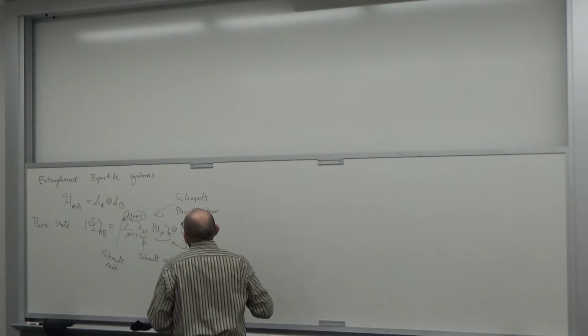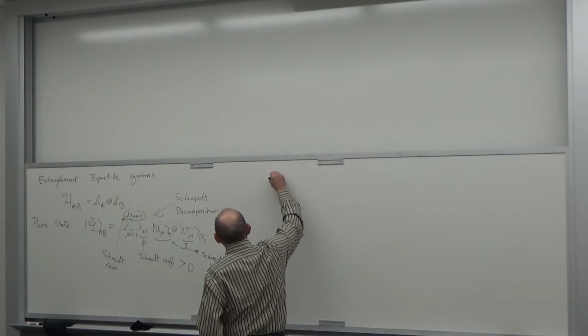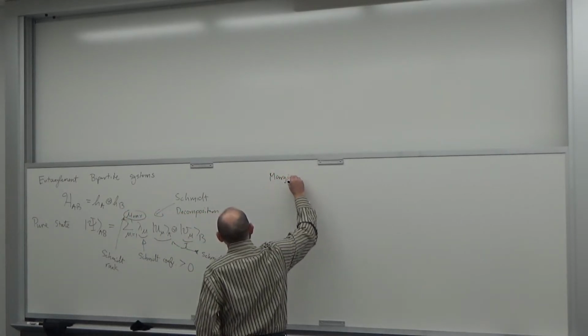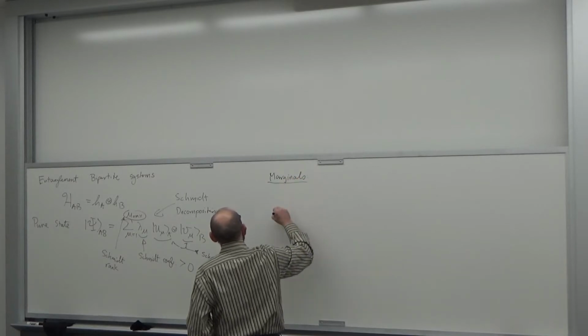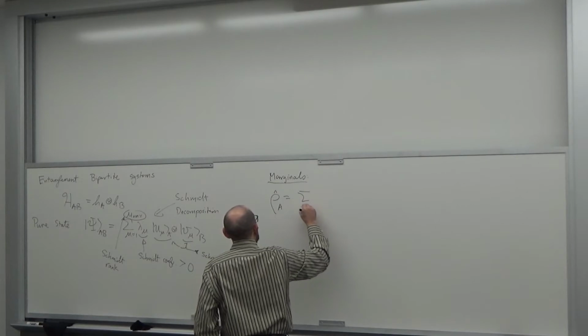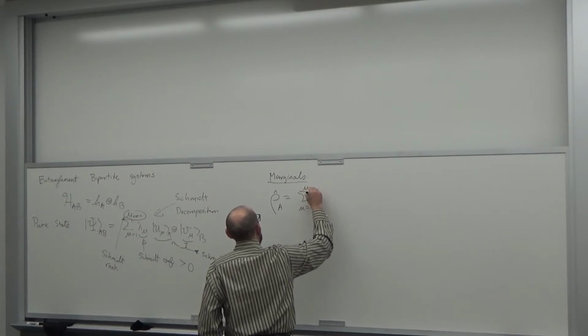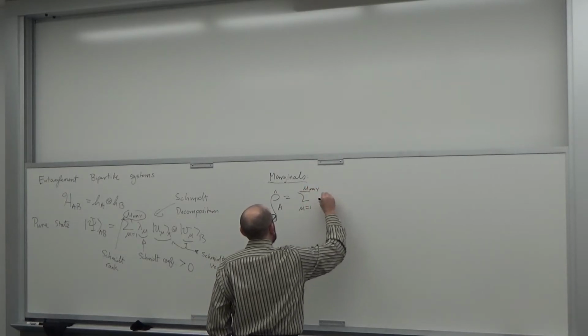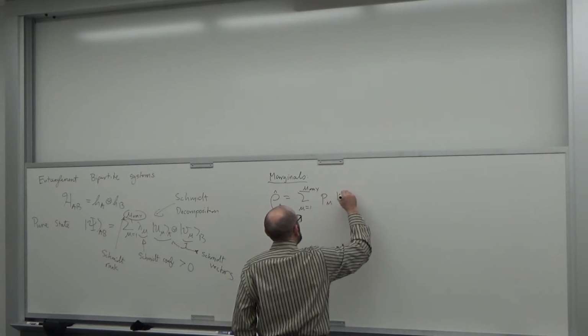So what are some of the things that we learned last time about this Schmidt decomposition? Well, one thing is if I look at the marginals, that is to say the state of subsystem A and subsystem B, they have the same spectrum.